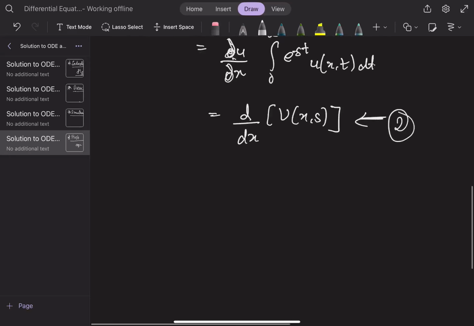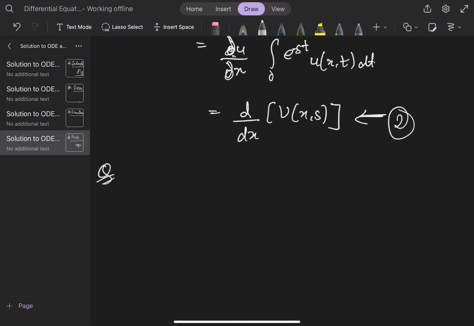So let's take an example. ux plus x ut is equal to 0, where u of x comma 0 is 0 and u of 0 comma t is t. ux means del u by del x and ut means del u by del t.